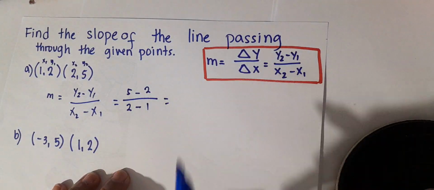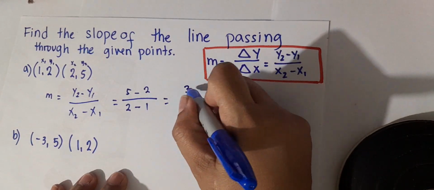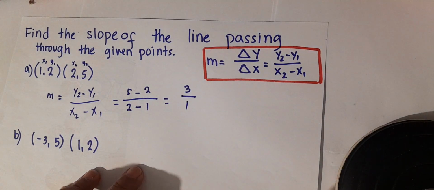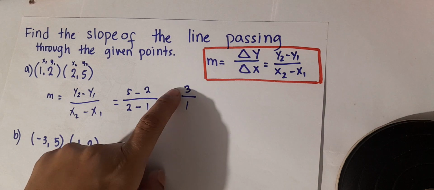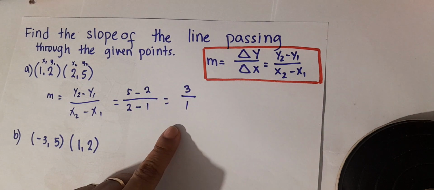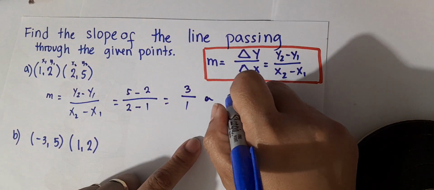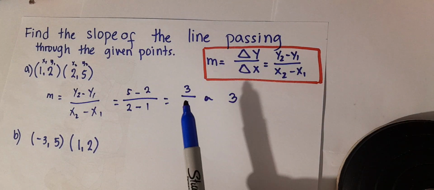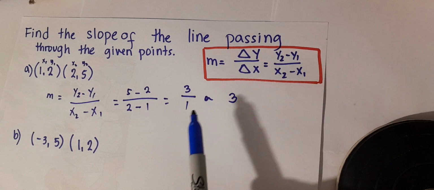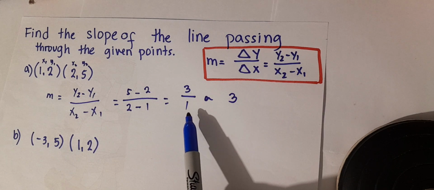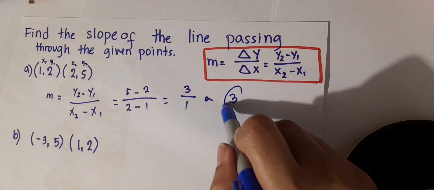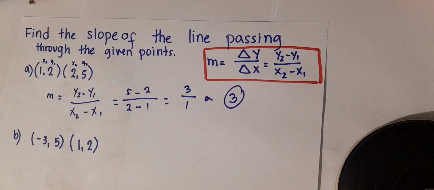So 5 minus 2 will be 3 and 2 minus 1 will be 1. So the slope of the line is 3 over 1, or this can also be written as 3 only. Because remember that if you're dealing with a fraction and the denominator is 1, it is usually equal to a whole number. So this is the slope.